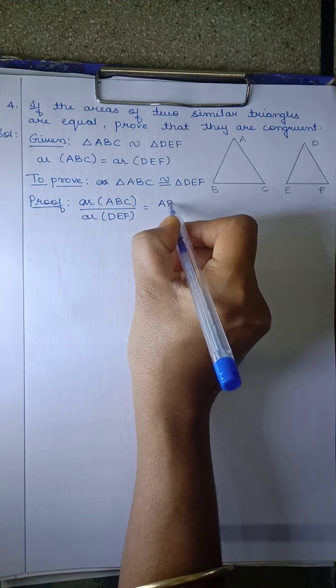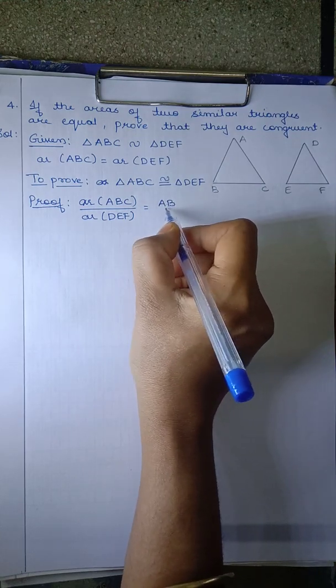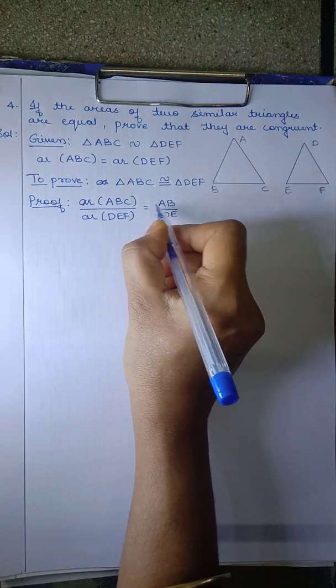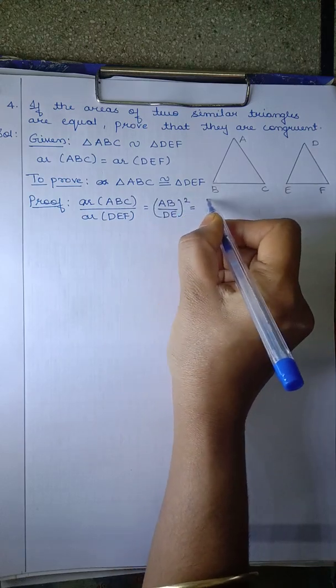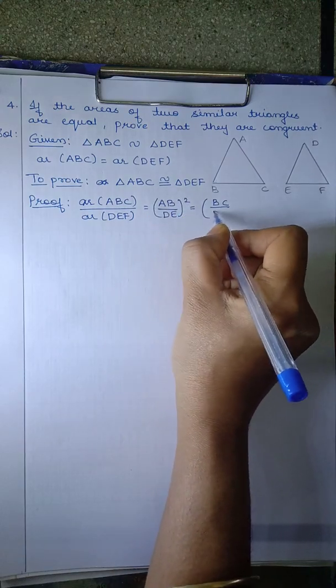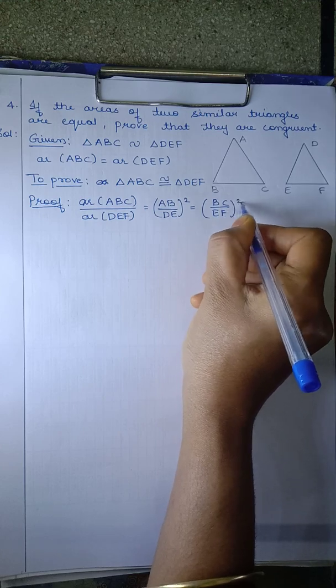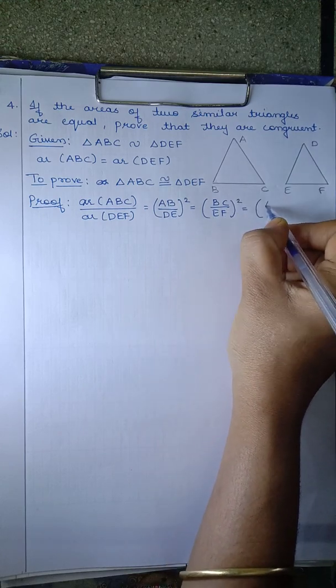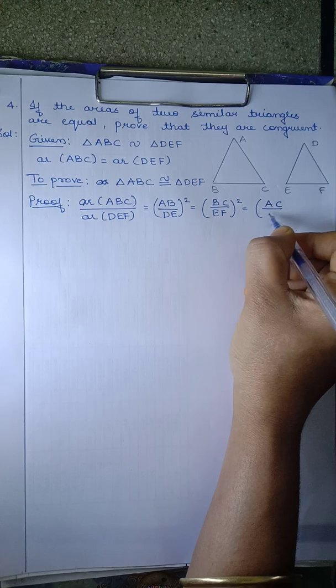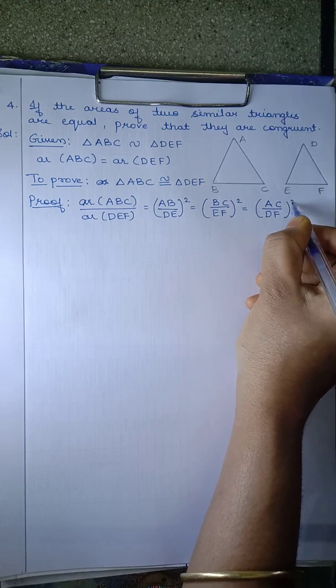So by that we can write (AB/DE)² = (BC/EF)² = (AC/DF)².